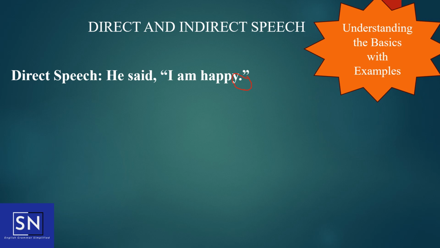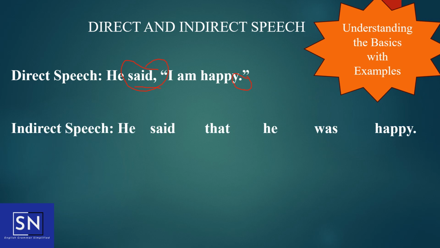Once you have identified it as a declarative sentence, use a reporting verb like told or said. But in the question, it is already there, said. Later, include the conjunction that. So now, what are you going to do? Identify the type of sentence first.